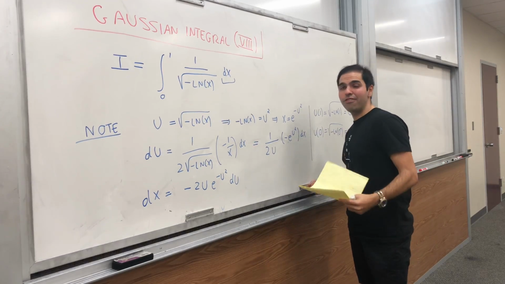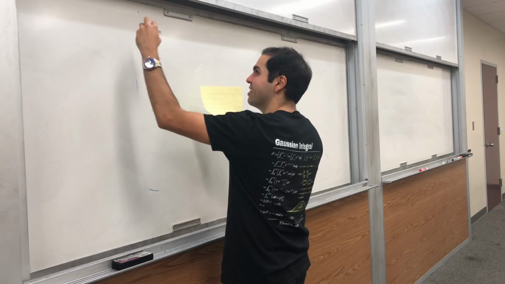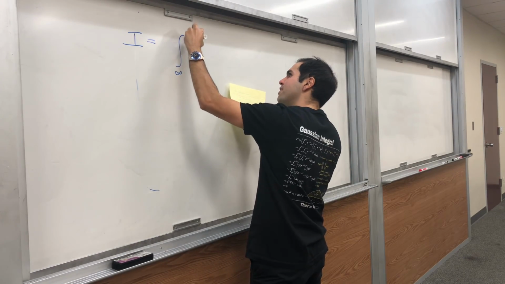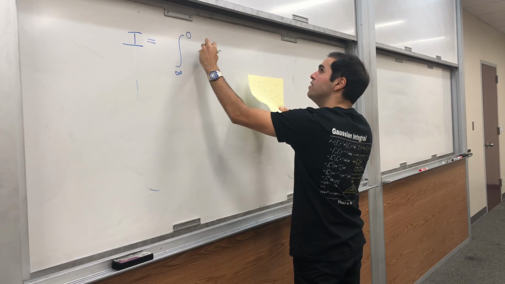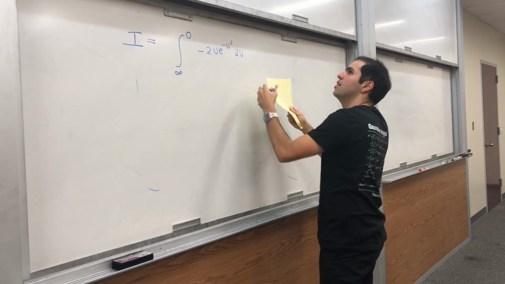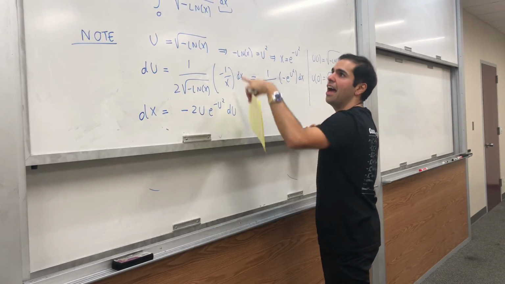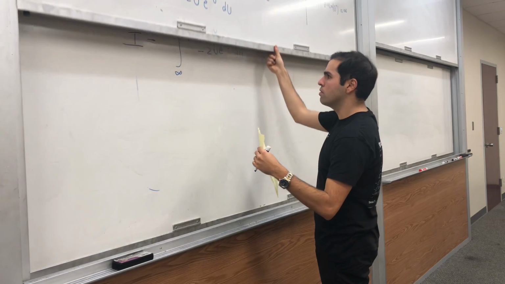Therefore, after this u-substitution, our integral becomes, drum roll, the integral from infinity to 0 of this minus 2u e to the negative u squared du, and that comes from the dx. And now 1 over square root of minus ln of x is just 1 over u.